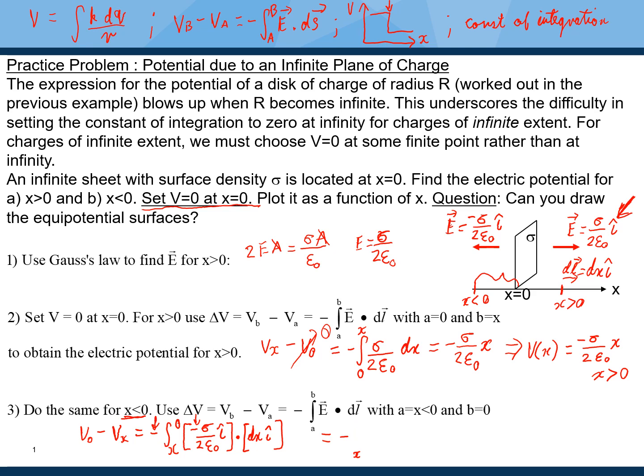So I'll do exactly that. You should always make your solution as simple as possible, as quickly as possible. And so you obtain an integration from x to 0 of sigma over 2 epsilon naught times dx.